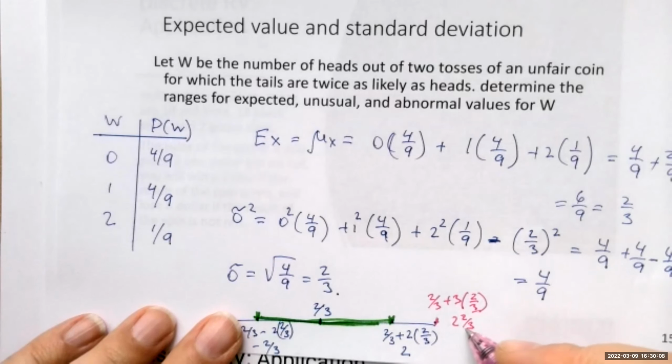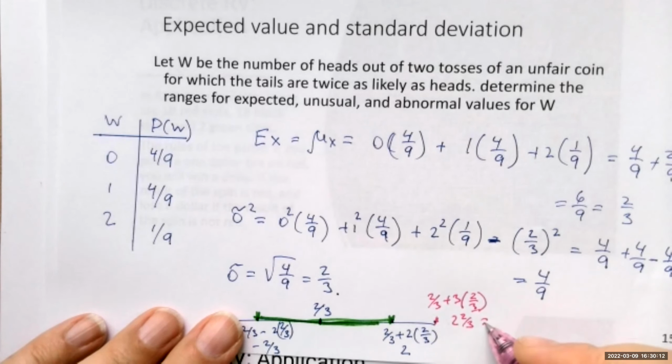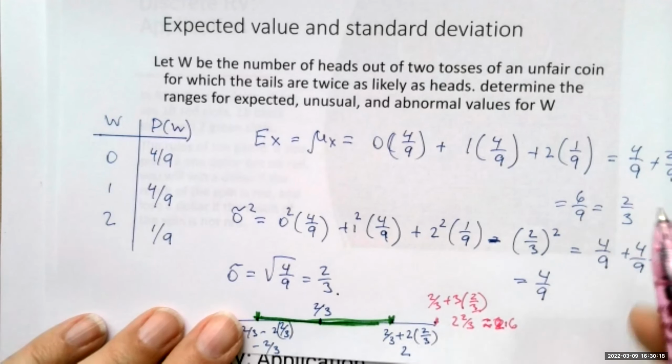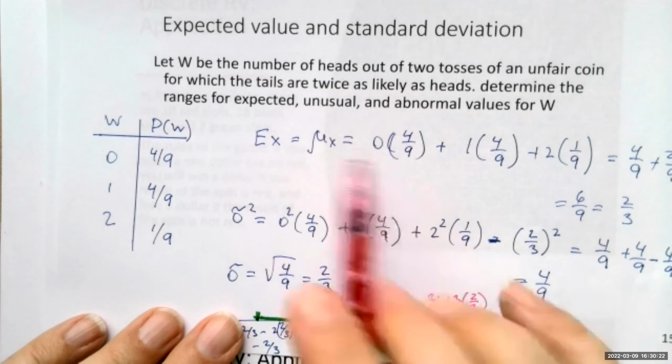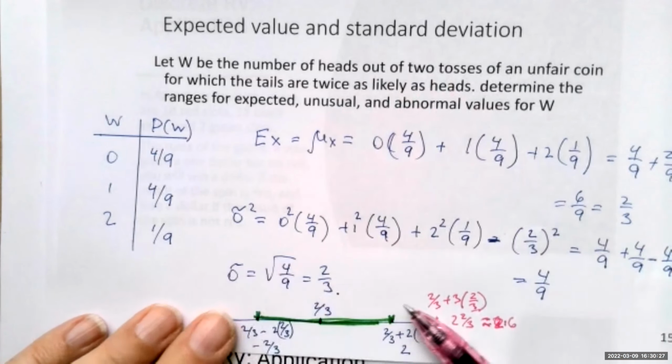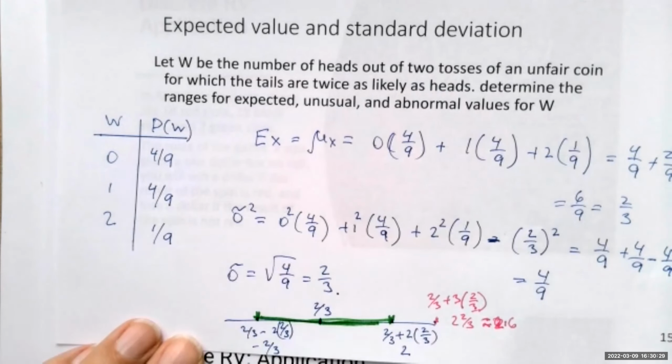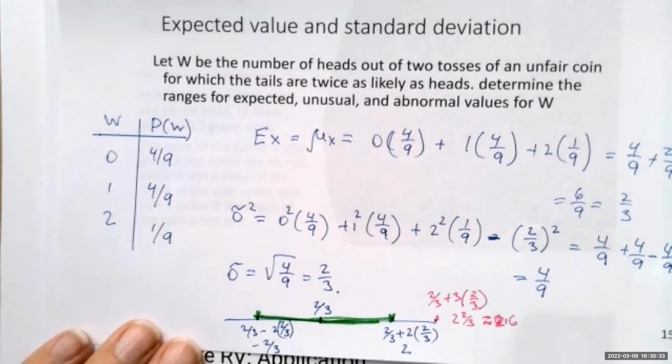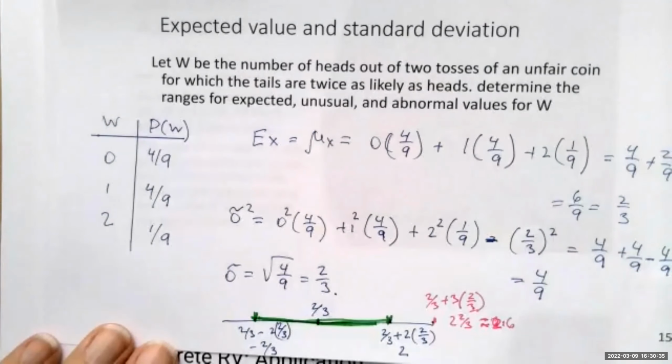So anything more than 2 and 2/3, or approximately 2.6, on average is going to be unusual. More than 2.6 heads on average is going to be abnormal, actually. Okay, so that's how we interpret these results.